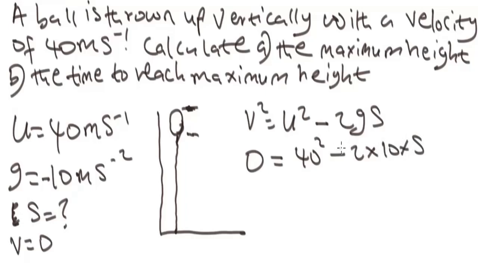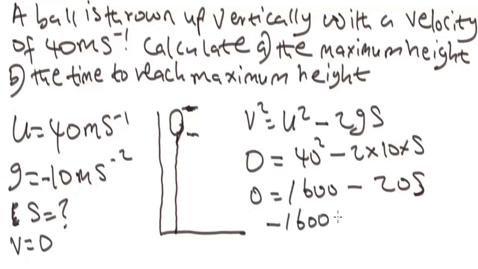When you substitute and simplify, you're going to have 0 equals 40 squared, which gives us 1600, minus 20x. To make x, which is the distance, the subject of the formula, the 1600 crosses over the equal sign and becomes minus 1600 equals minus 20x.